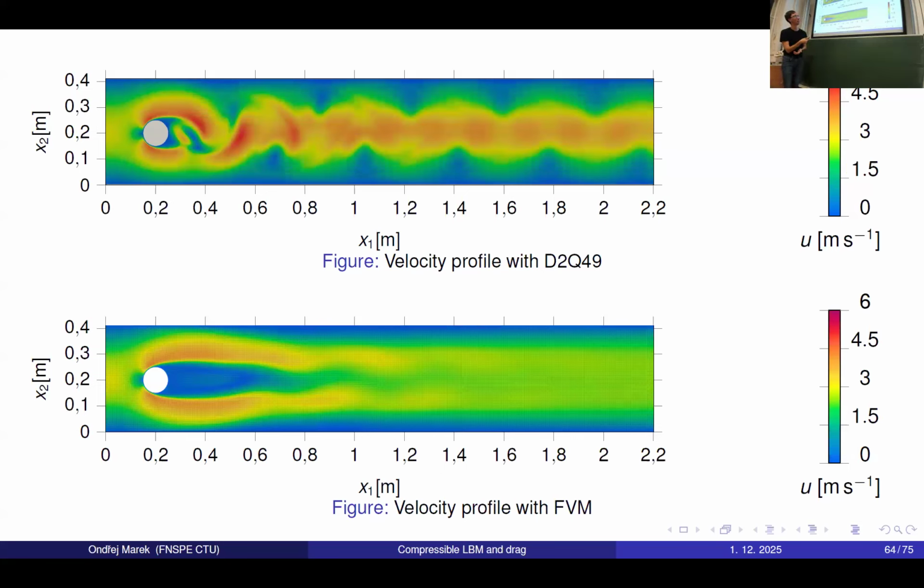And here for a larger inflow velocity, for the velocity 3, we can see vortex flow in the case of Lattice Boltzmann method, and in the case of ANSYS with finite volume method, I used the k-omega model, so it was actually most probably just modeling the averages.